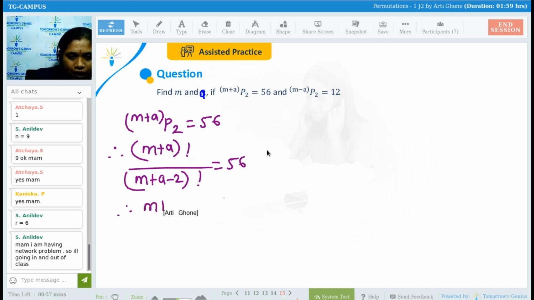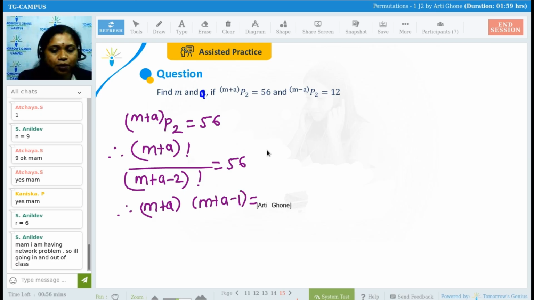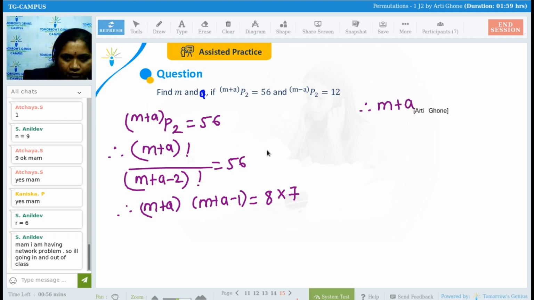So it will be (m plus a) times (m plus a minus 1). What will be the 56 if I compare with the two nearest numbers? 8 into 7, right? So I am getting therefore m plus a is equal to 8. This is my equation 1. Got it? Clear? This is the first possible solution.